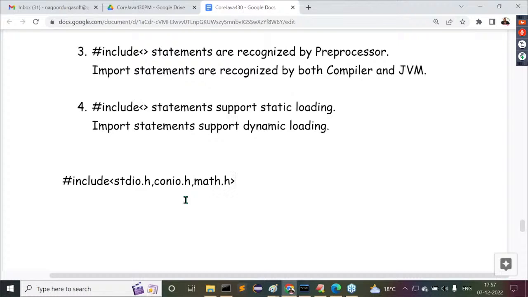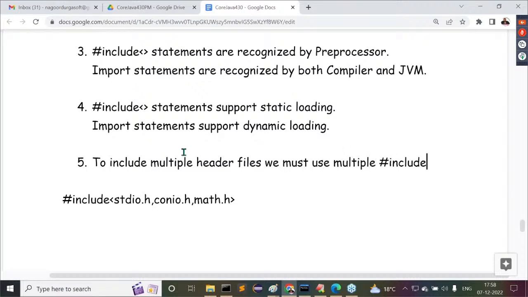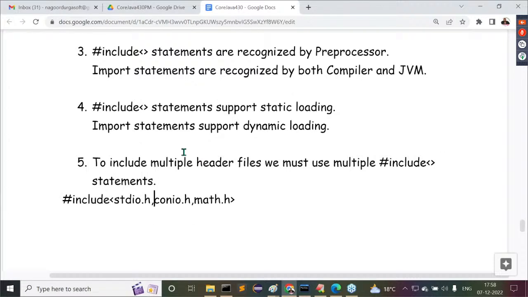So multiple files are required or not? The point here, observe carefully: to include multiple header files, we must use multiple hash include statements. Am I right or not? This example is invalid.